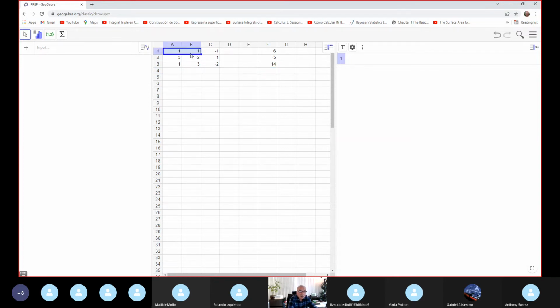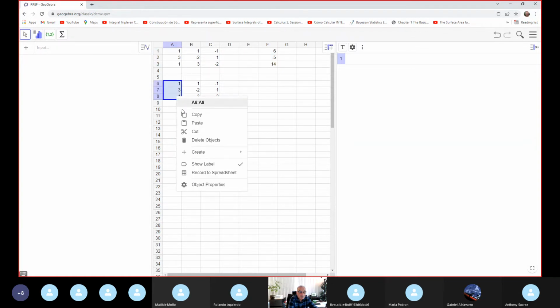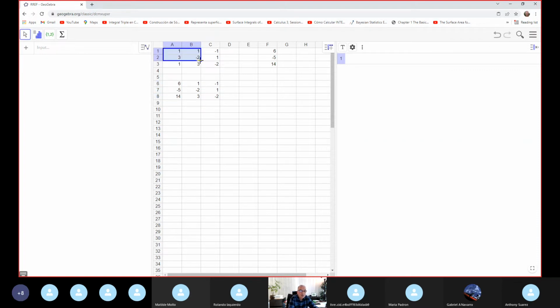And you copy that. Control C, right click, copy. And this time you paste, and you replace this column. Copy by this column. Paste. Good. I like that. Again, I should copy 2 times, 3 times.